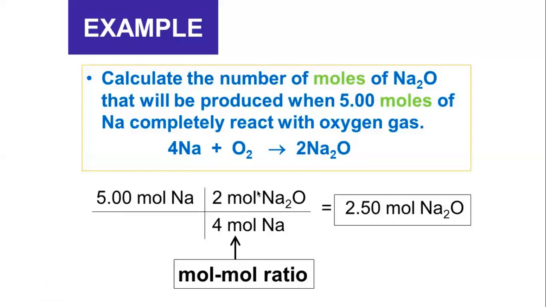When we set up this equation with our mole to mole ratio, 2 moles of sodium oxide to 4 moles of sodium, we multiply by the top, which is 5 times 2, which is 10, and then divide by 4, and that gives us 2.50 moles of sodium oxide. And what this is telling us is that when we have 5 moles of sodium as our starting material, we can make 2.50 moles of sodium oxide.